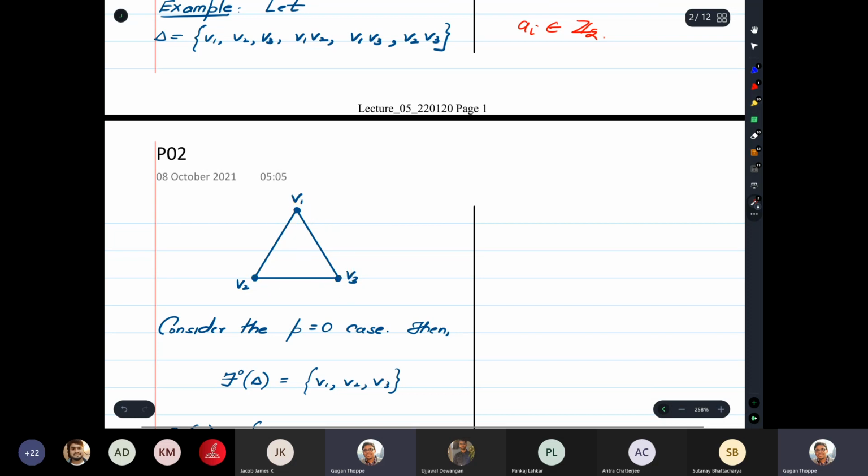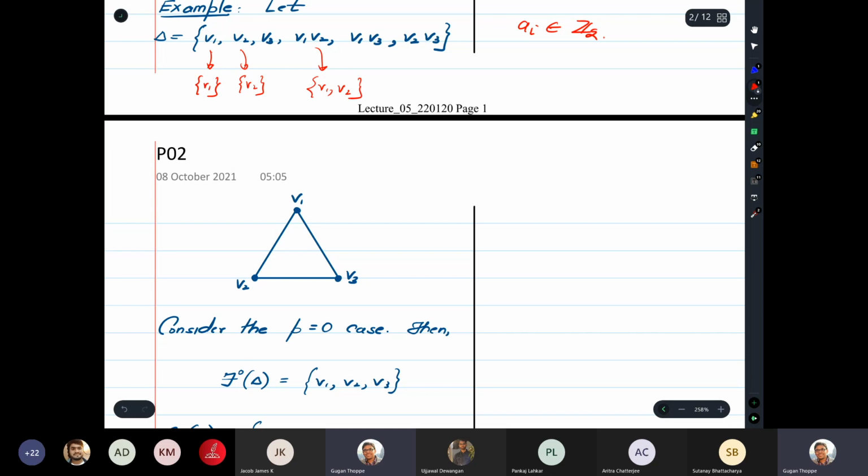Again a note on the notations. Although I write this as v1, v2, v3, v1 v2, v1 v3, and v2 v3, they actually should mean, so I should write this as calligraphic v1, because delta is a collection of sets, remember. Similarly when I write v2, it should be interpreted in this fashion, and when I write v1 v2, it should be interpreted as v1 comma v2.